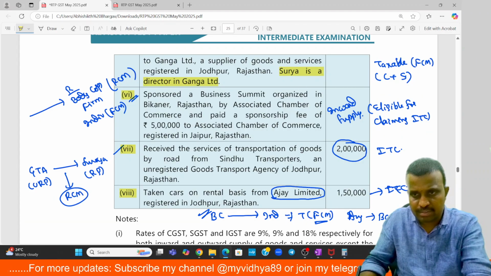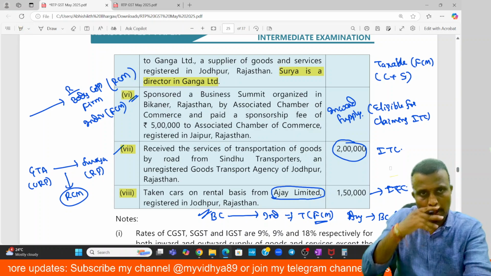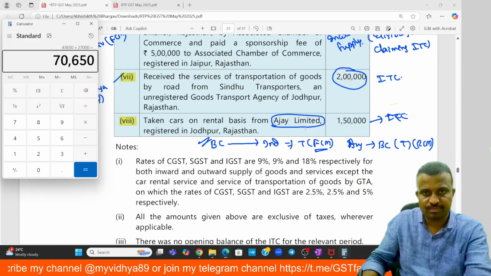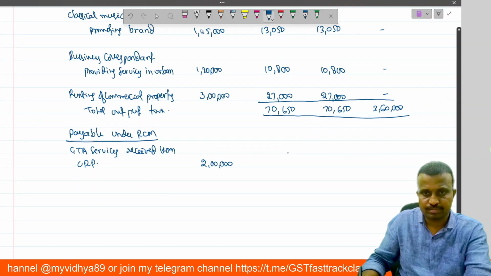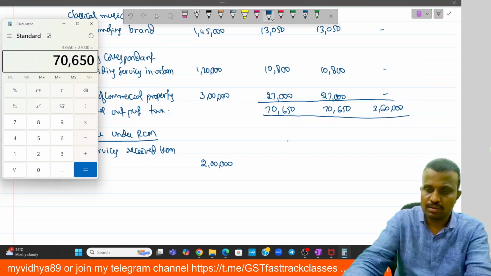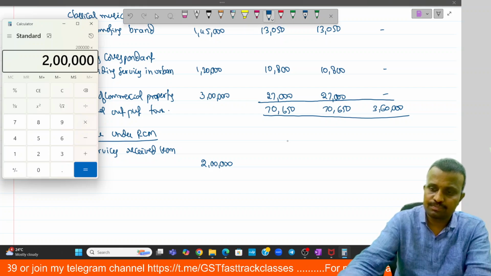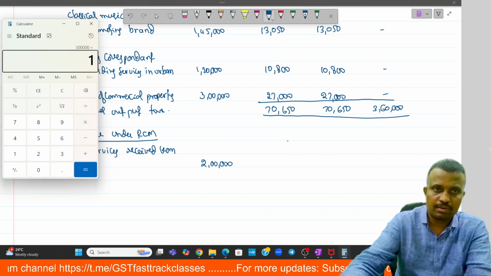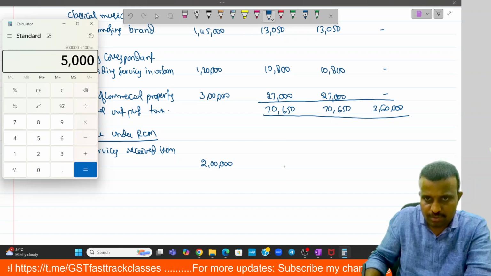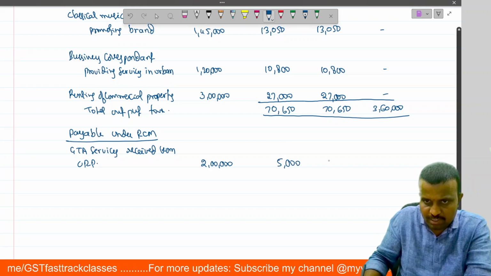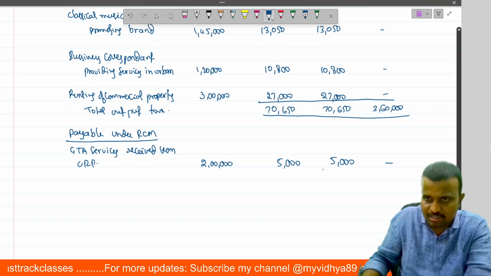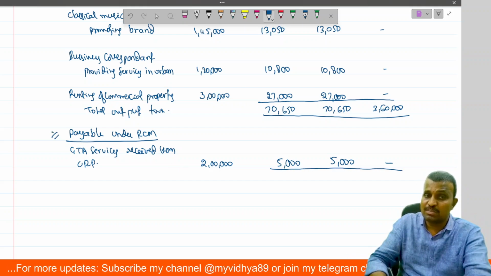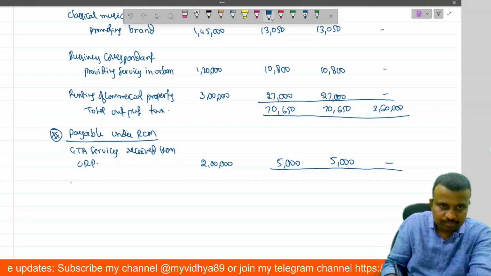Sorry, 2.5 plus 2.5. So 2 lakhs, 5,000 and 5,000. This is only covered under RCM. But remember, for this payment, no ITC will be claimed.